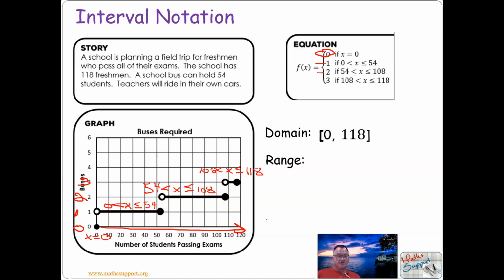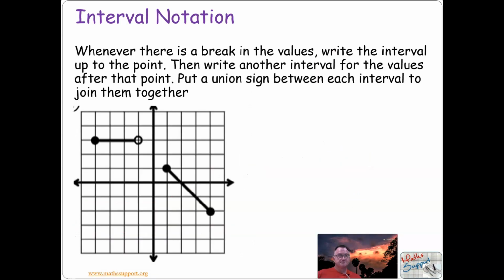So the only numbers I have in my range are 0, 1, 2, or 3. Which makes sense. You're either going to use no buses, 1 bus, 2 buses, or 3 buses. Alright, whenever there's a break in the values, that's where you're going to put the union.